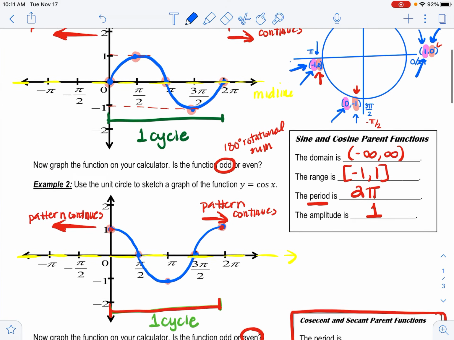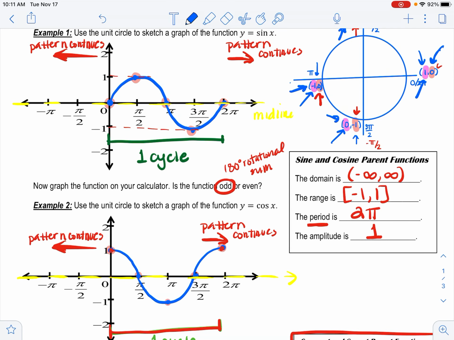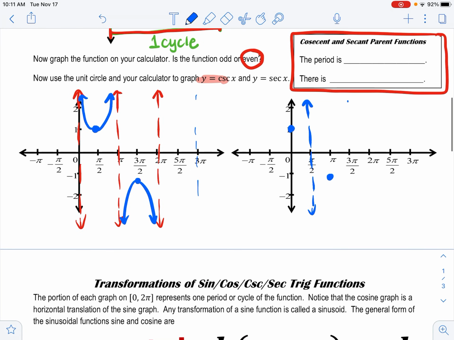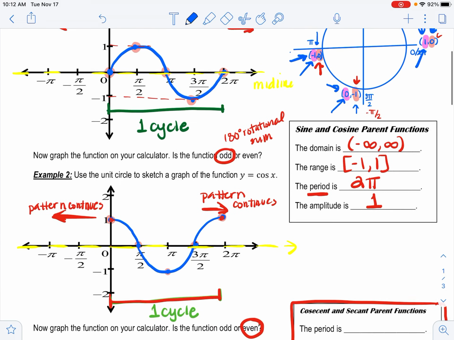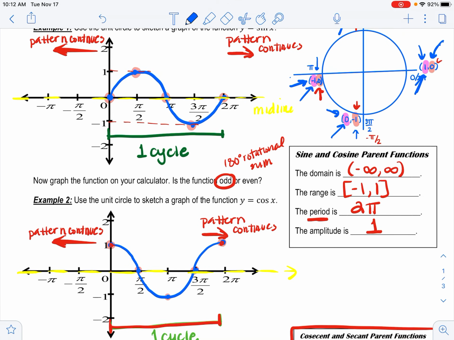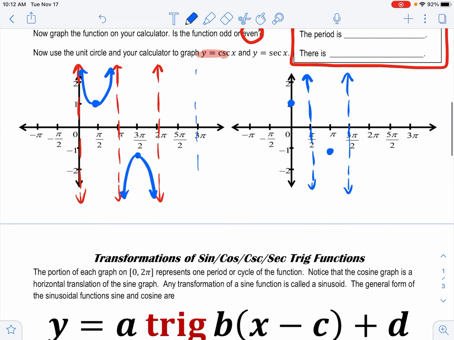It's much easier to show you this on the board in class. At 3 pi over 2, the reciprocal of 0 is undefined, so there's another asymptote right there. And then at 2 pi, the reciprocal of 1 is 1.